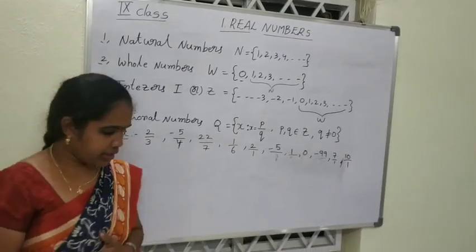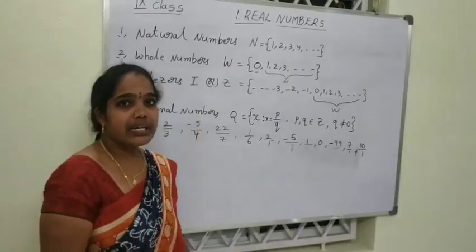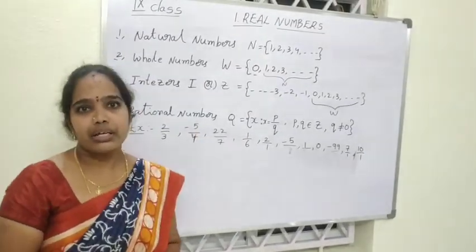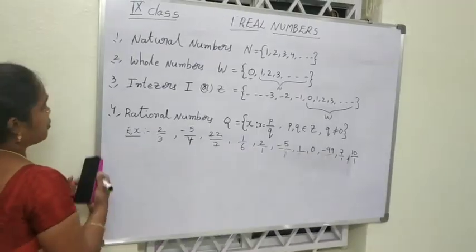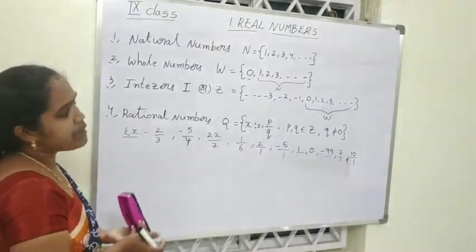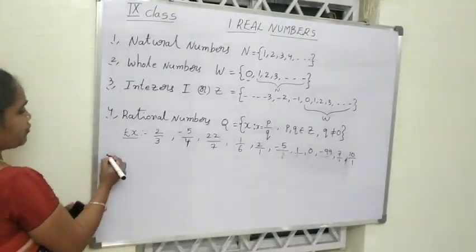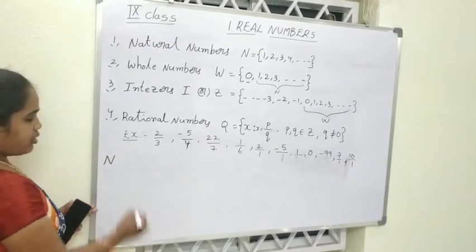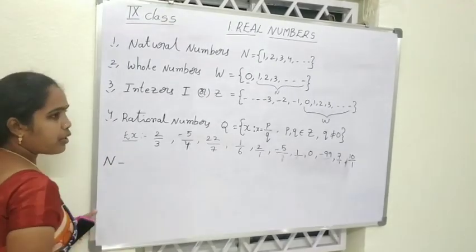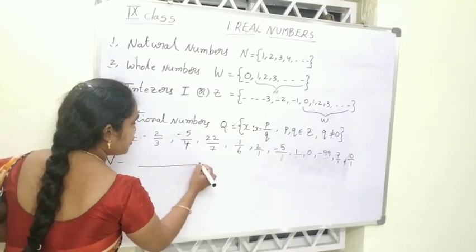After that, how to represent numbers on the number line. Now natural numbers, how to represent them on the number line? Already you know that.